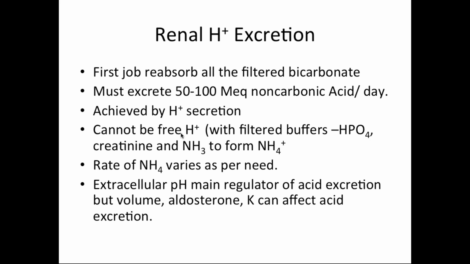Ammonia is very important because the rate of ammonia production as well as ammonia excretion can vary as per the need of the body. In addition, the extracellular pH is the main regulator of acid excretion, though volume, aldosterone, and potassium can also affect acid excretion. So now let's talk about each of these aspects in more detail.